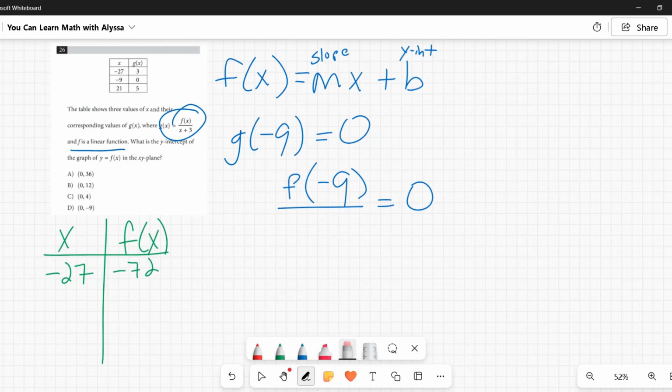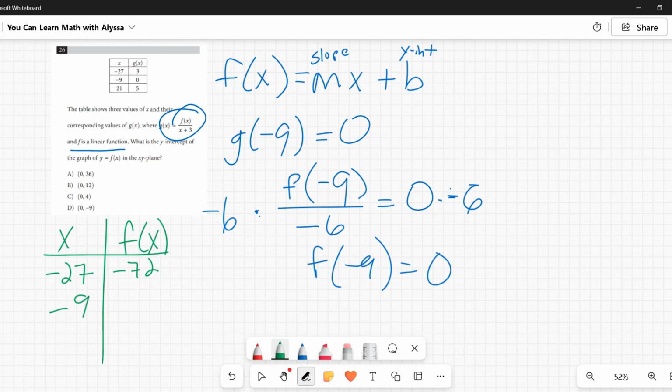Negative 9 plus 3 is negative 6. f of negative 9 is being divided by negative 6, so I'm going to multiply both sides by negative 6. So now I know f of negative 9 equals 0 times negative 6, or 0. Okay, I've got another point: negative 9, 0. I'm going to do all three just to show them to you.